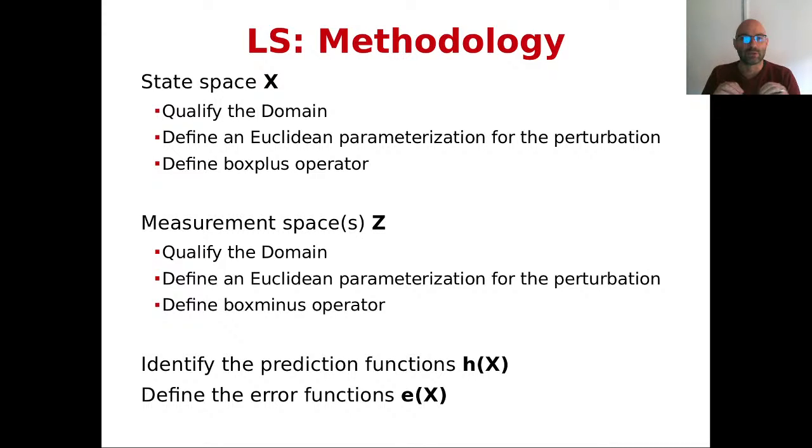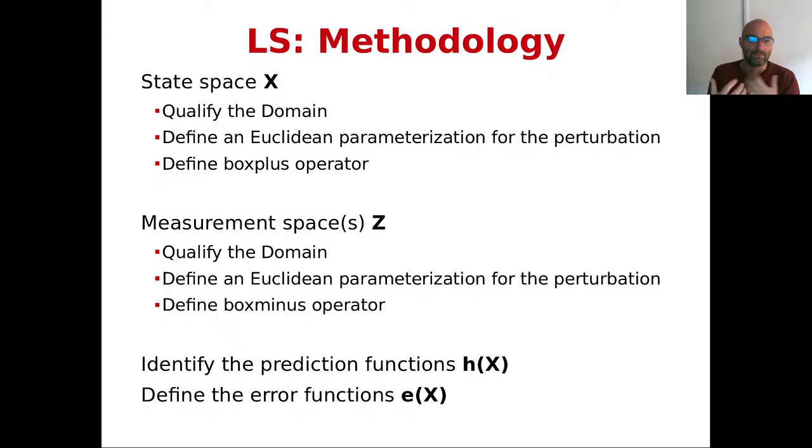And once I define this operation, which could also be defined programmatically, meaning a procedure, I can define a box plus operator. We can do the same for the measurement space by qualifying the domain, by defining a Euclidean parameterization for the perturbation, and by defining a box minus operator that returns the chart difference between a prediction and an observation, or in general between two elements of my measurement space.